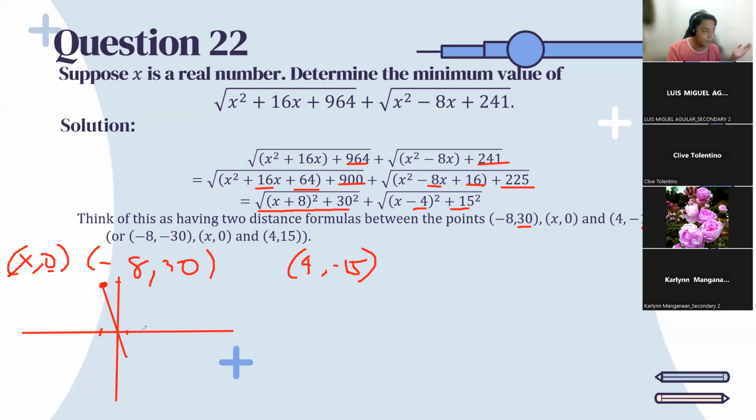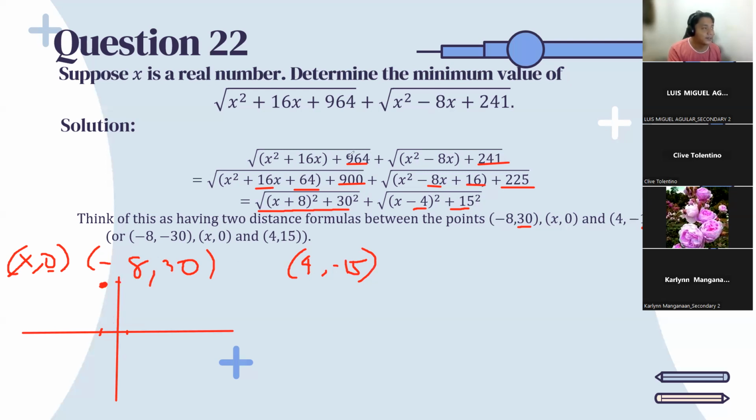So that is how you decide the pairing. For negative 8, 30, you use the reflection, negative 15. That is where we decide on the pairings.